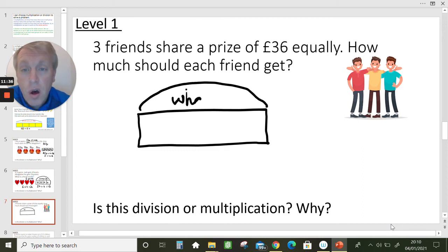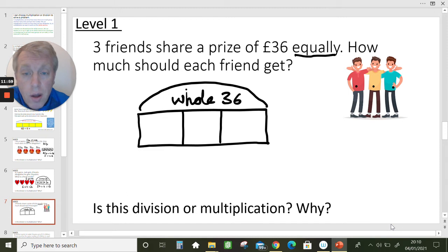So the whole amount is 36. We need to split it into 3 parts. Why into 3 parts? Because there's 1, 2, 3 friends and they are sharing it equally. Each one's getting the same.